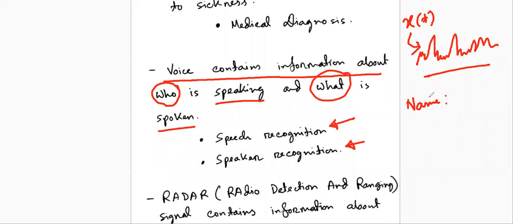If you want to find some person, of course, you need to store some values beforehand. Hopefully during your laboratory classes, you will work on these kinds of things, speaker and speech recognition. For speech and speaker recognition, we need both correlation and also frequency domain analysis of the system.